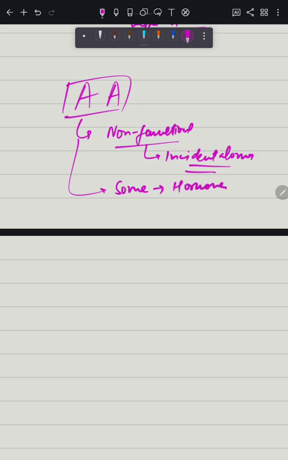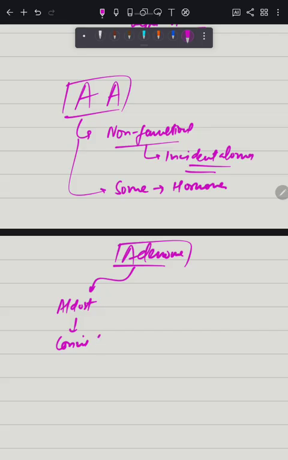If the adenoma secretes aldosterone, then it's called Conn's syndrome or primary aldosteronism. And if it secretes cortisol, then it's called Cushing's syndrome. That's ACTH independent.